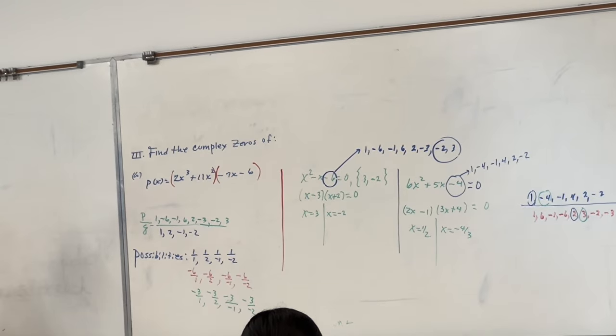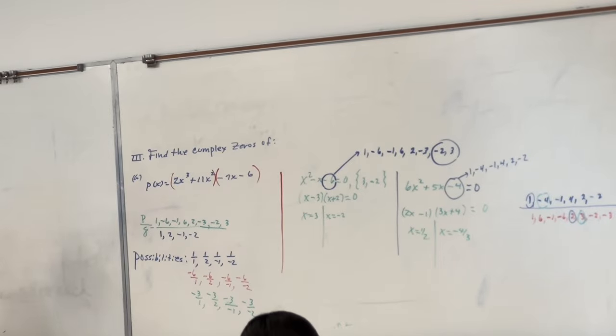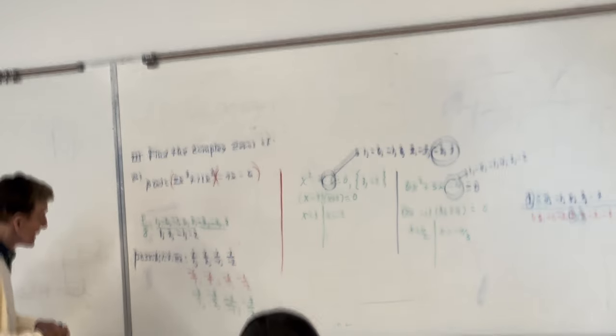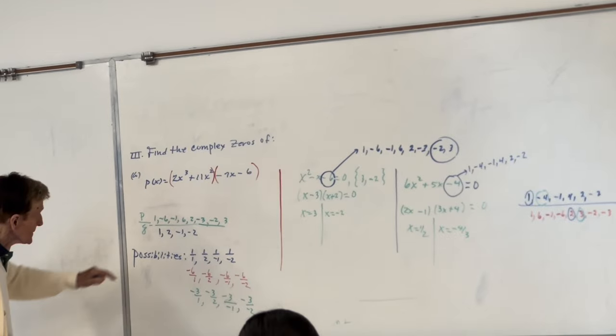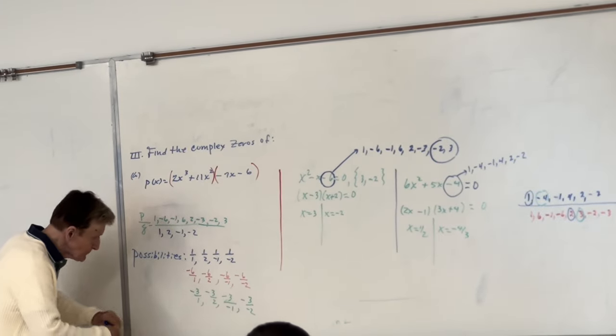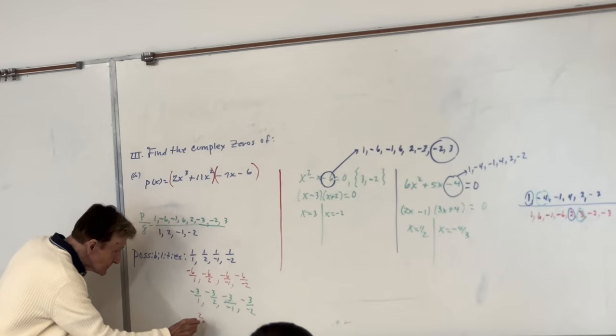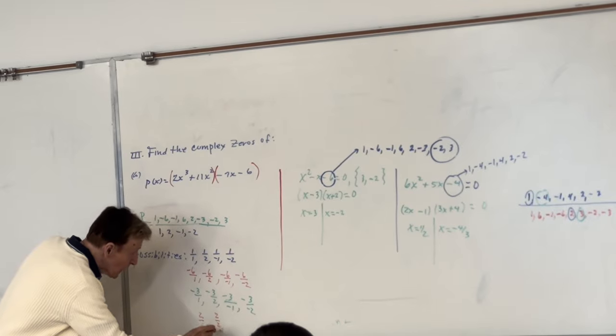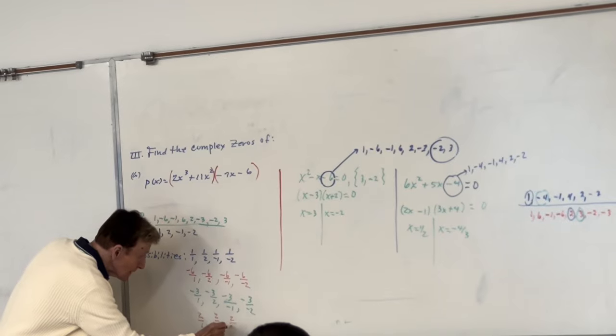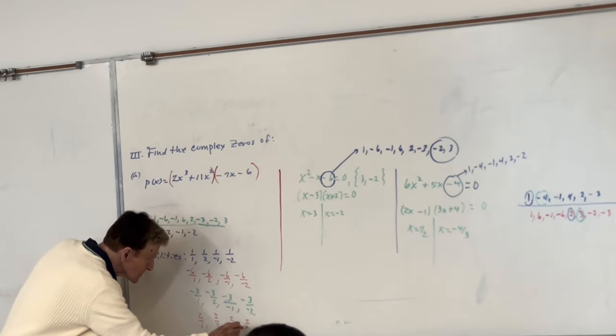What's left? Got negative 3, got negative 2. And let's see if I list this out. List all these. I got negative 3, 2, let's try 2. I think I may have left 2 out. Okay, 2 over 1. 2 over 2, 2 over a negative 1, 2 over a negative 2.